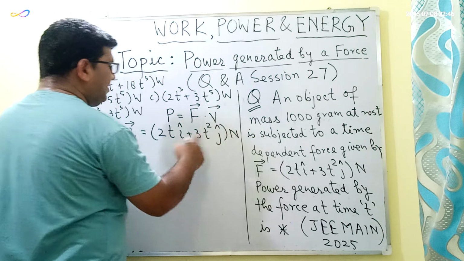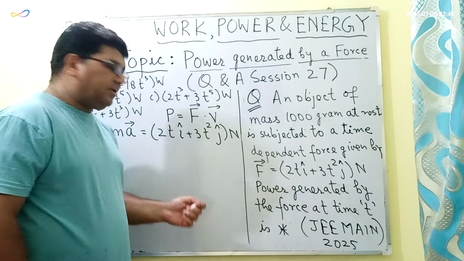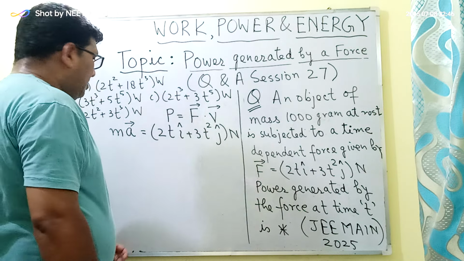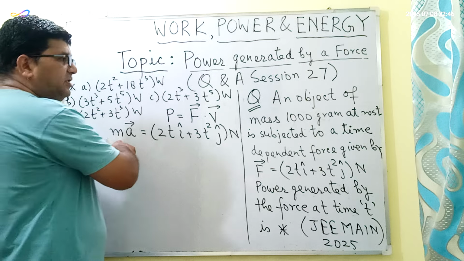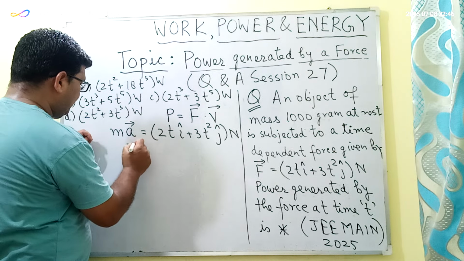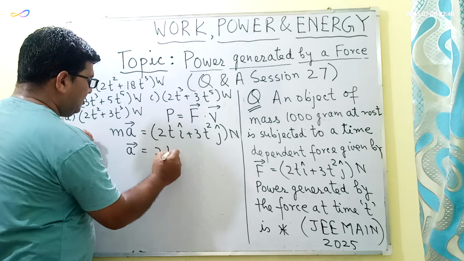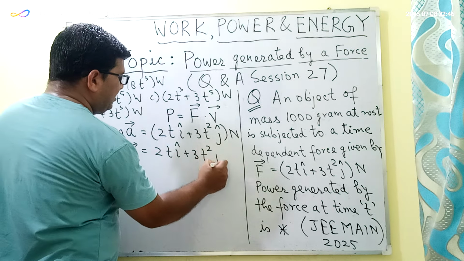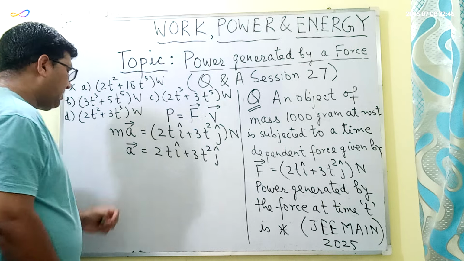Here i cap and j cap are the unit vectors along the x axis and the y axis respectively. Mass is 1000 gram, which is equal to 1 kg. So acceleration is equal to 2t i cap plus 3t square j cap.